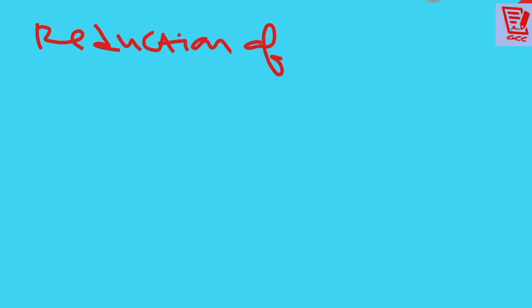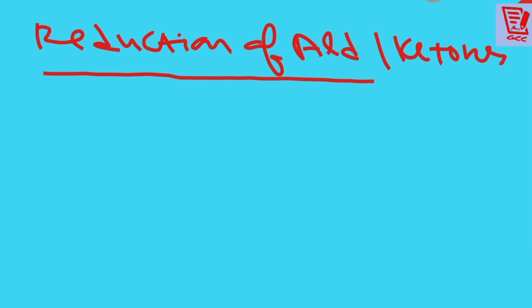Now we are going to do, in this part of the video, reduction of aldehydes and ketones. Whenever we are talking about the reduction of aldehydes and ketones, there are a few parts.